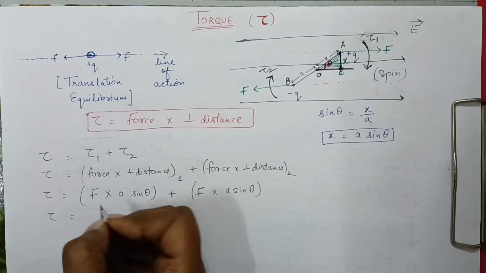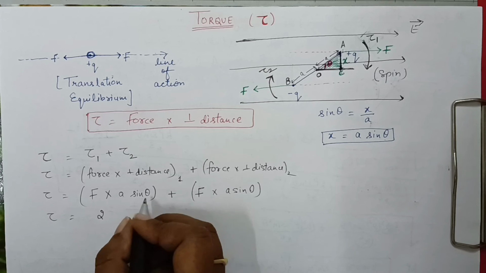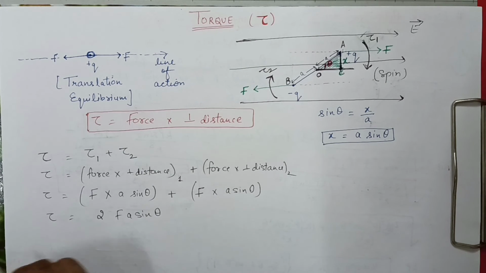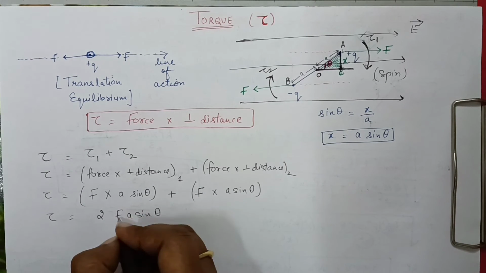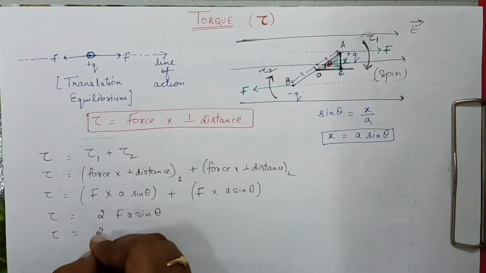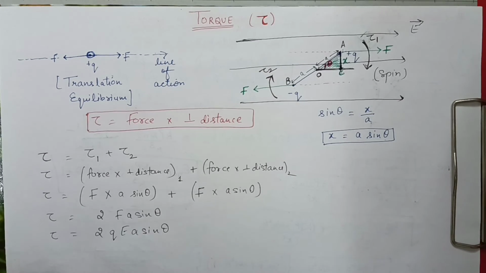So torque will be equal to 2 times F a sine theta. Now we know the formula for F. F is equal to qE. So tau will be equal to 2qE a sine theta.